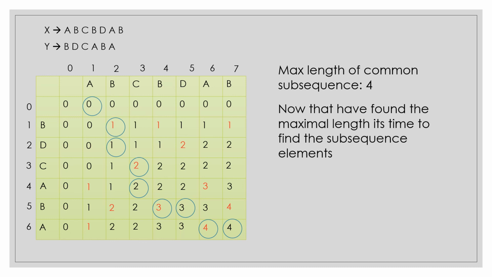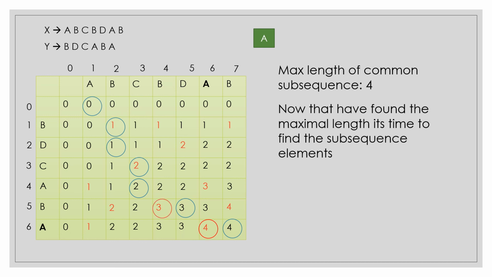So let's move forward and observe. We saw that cell number 6 comma 6 was having the element 4, and from that cell we moved in the diagonal direction. So we will append the element corresponding to that cell, which was A, to the subsequence list and move ahead.